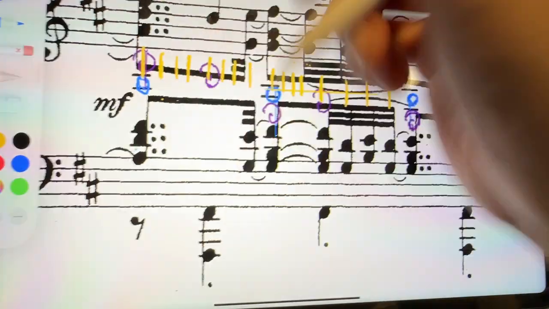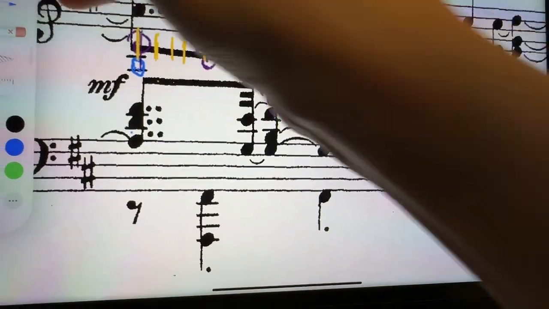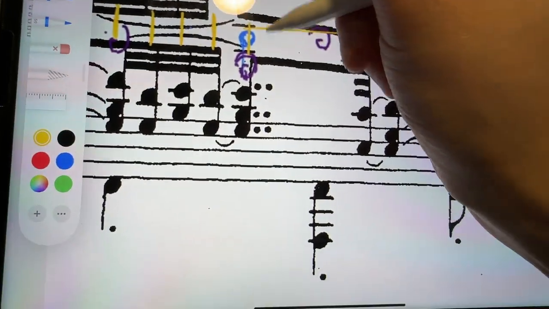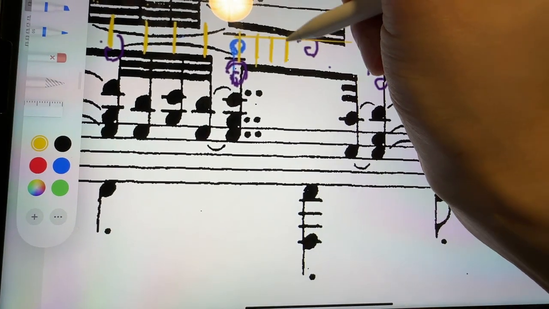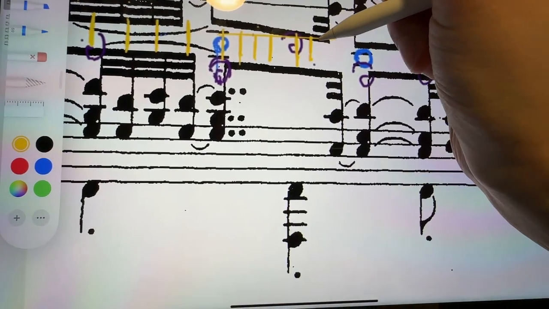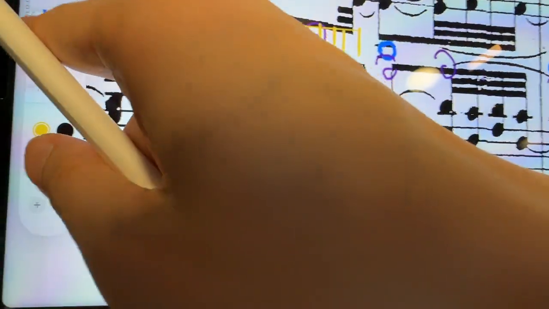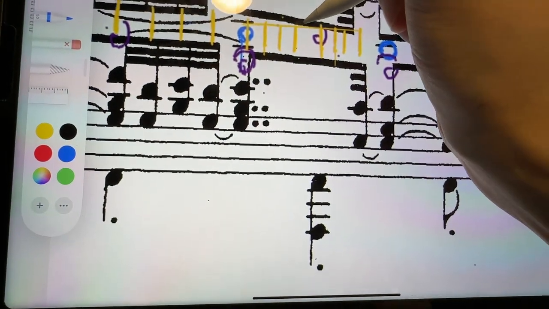Let me try to erase this extra stuff that's happening. Okay. And then I'm going to just go ahead and do the same thing here. 1, 2, 3, 4. So this one's matching up right over there.